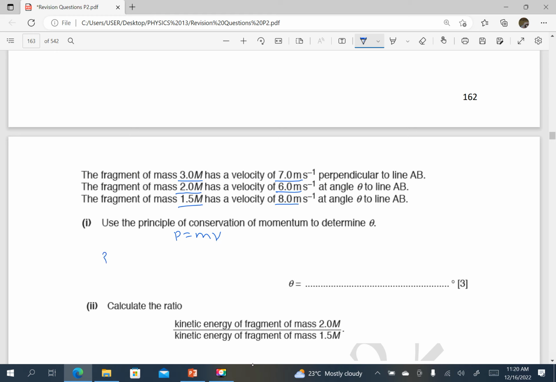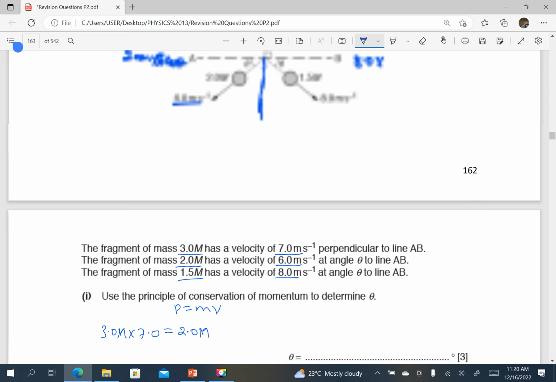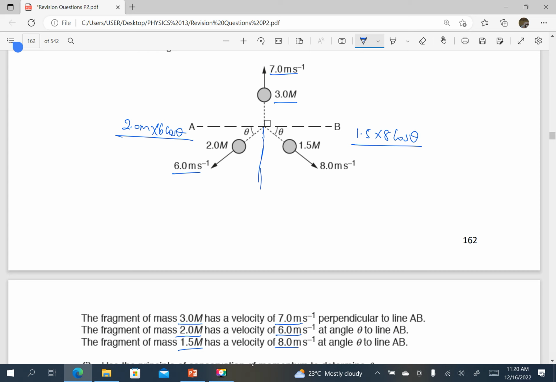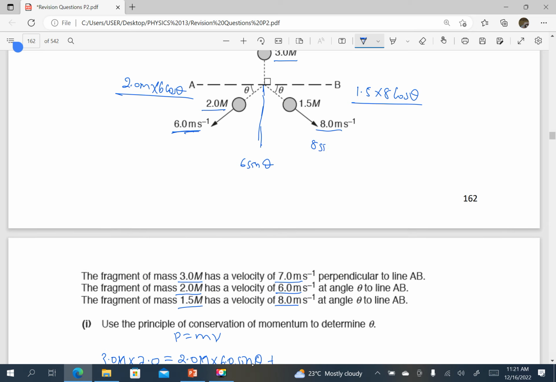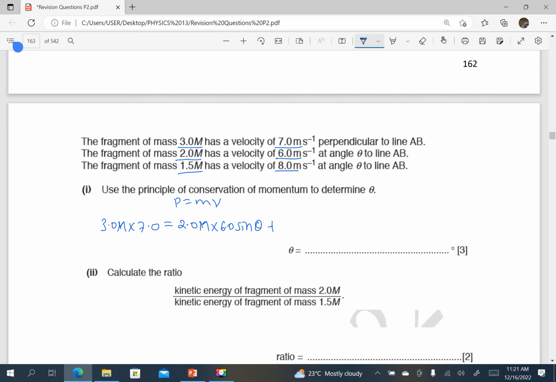By conservation of momentum, 3.0m times the speed, which is 7.0, should be equal to 2.0m times its vertical speed, 6.0 sine theta, downwards, plus the momentum of this other one, which is also downwards, 1.5m times 8.0 sine theta.